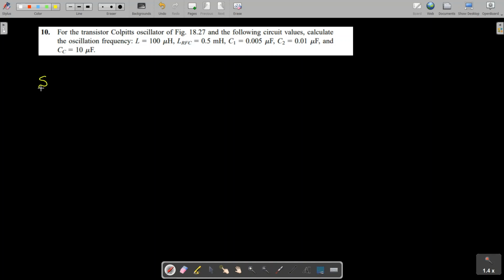Now again the formula is given as f naught, or f is equal to 1 divided by 2 pi under root L C equivalent. So again, first of all, we need to find the C equivalent, and C equivalent is again C1 multiplied by C2 divided by C1 plus C2.